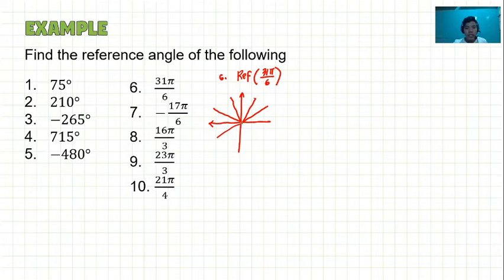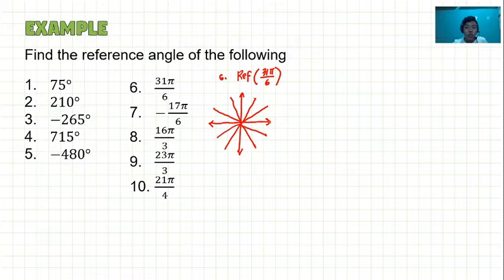Then 7 pi over 6, 8 pi over 6, then 9 pi over 6 here sa 270, then 10 pi over 6, 11 pi over 6, then 12 pi over 6. So this is 12. So therefore, there are 12 pi over 6 in one revolution. So 12 plus 12, so that is 24 pi over 6.